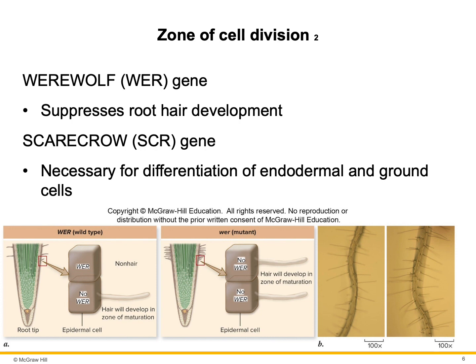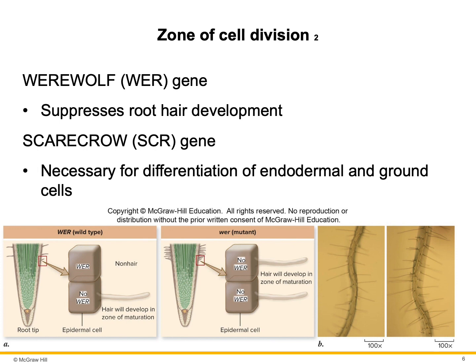The gene werewolf, or WER for short, is required for the patterning of the root hair in root epidermal cells. So plants with a mutation will develop excess root hair in non-hair epidermal cells. This is how we learned that the WER gene is involved in root hair development.